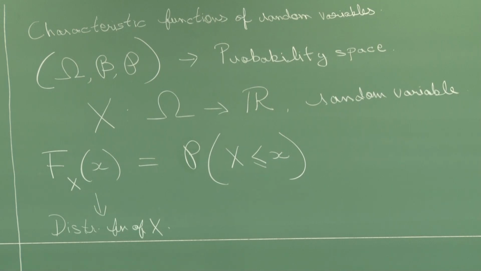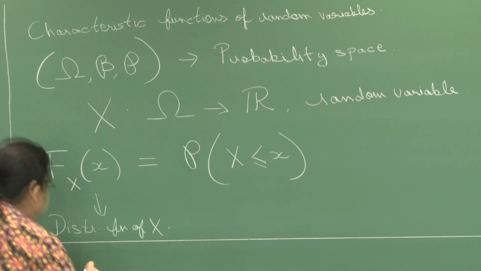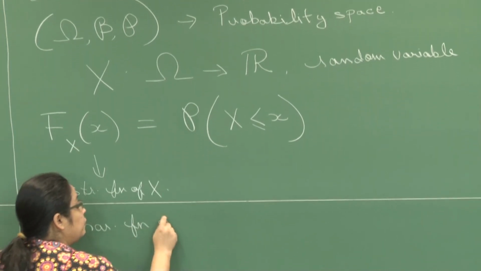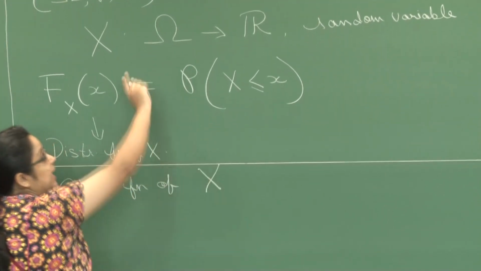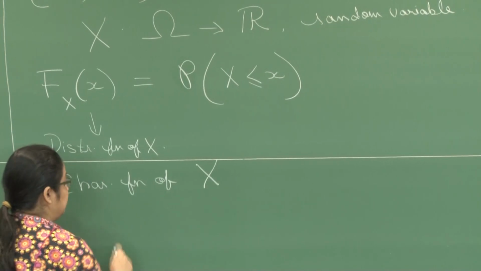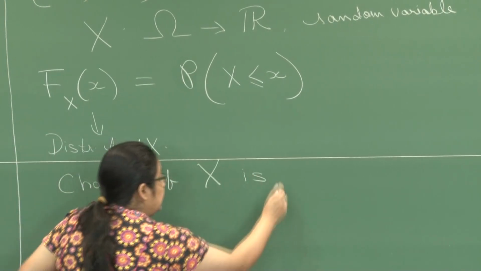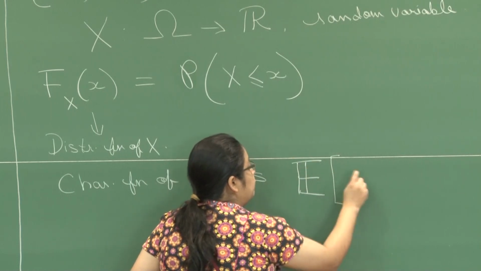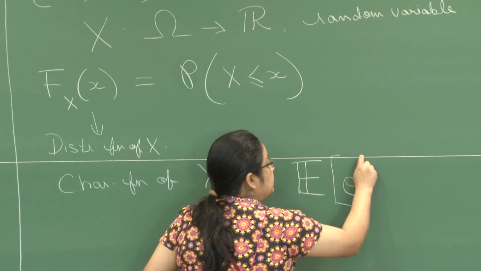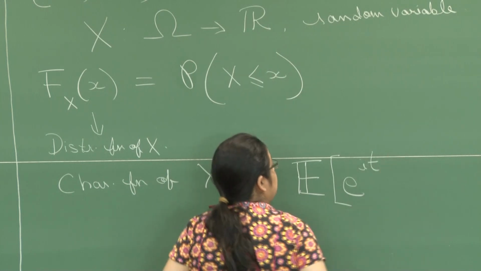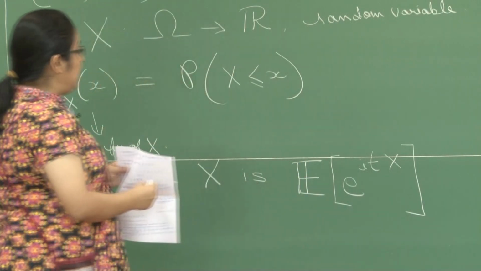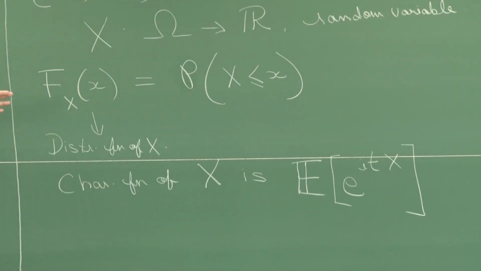The characteristic function of a random variable X in the probability space as given above is defined as the expected value of e raised to the itX, for any t.